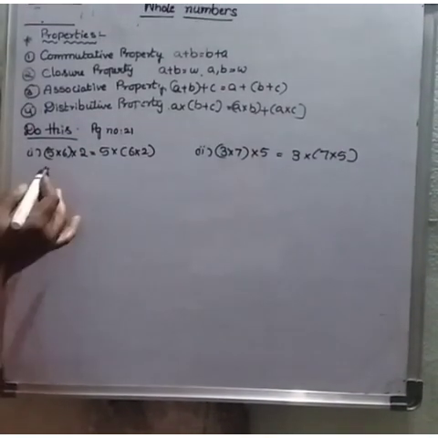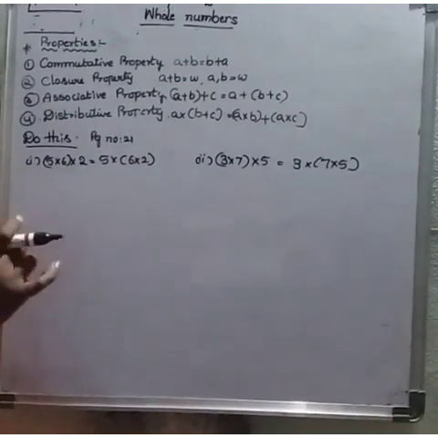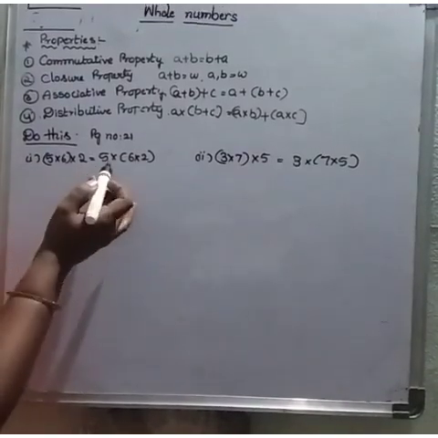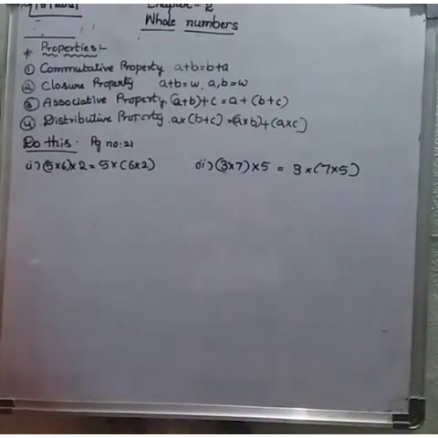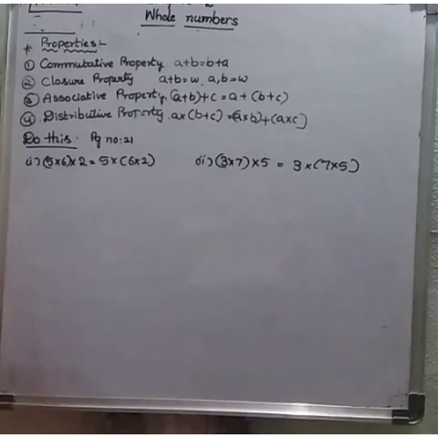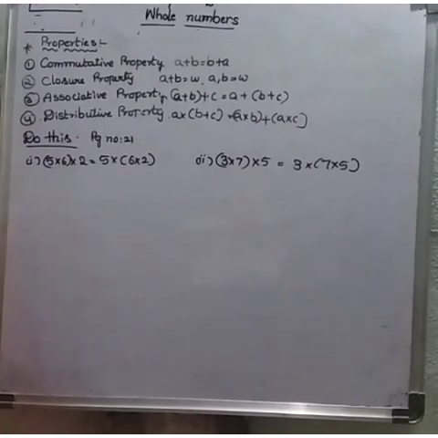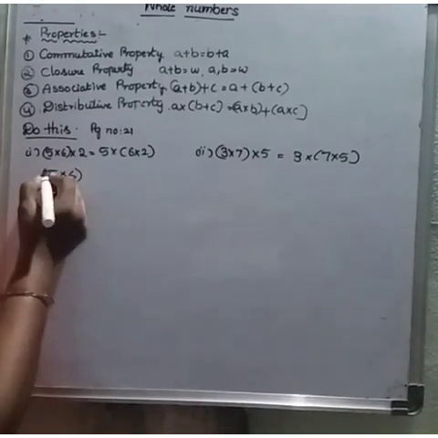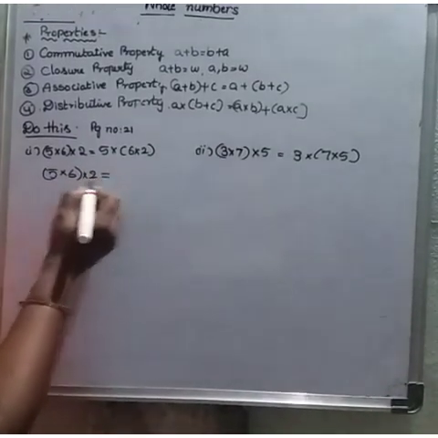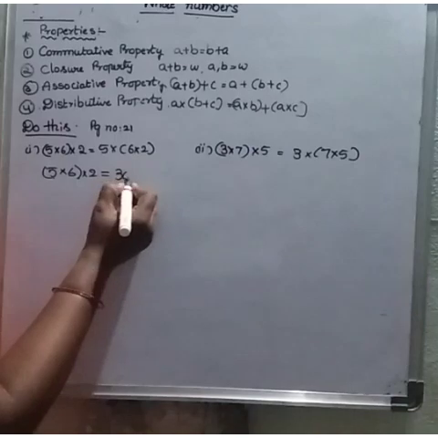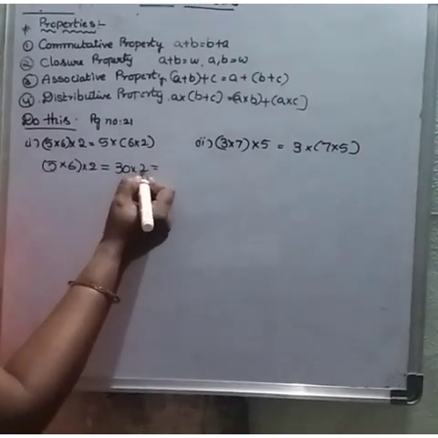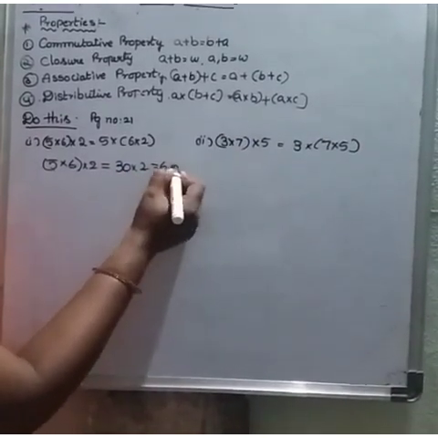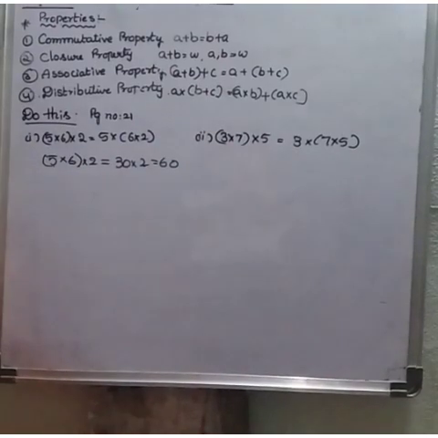Look here children. 5 into 6 in one bracket into 2 equal to 5 into 6 into 2 in a bracket. First one. 5 into 6 is 30, 30 into 2, 3 twos are 6, remaining 0, so 60.